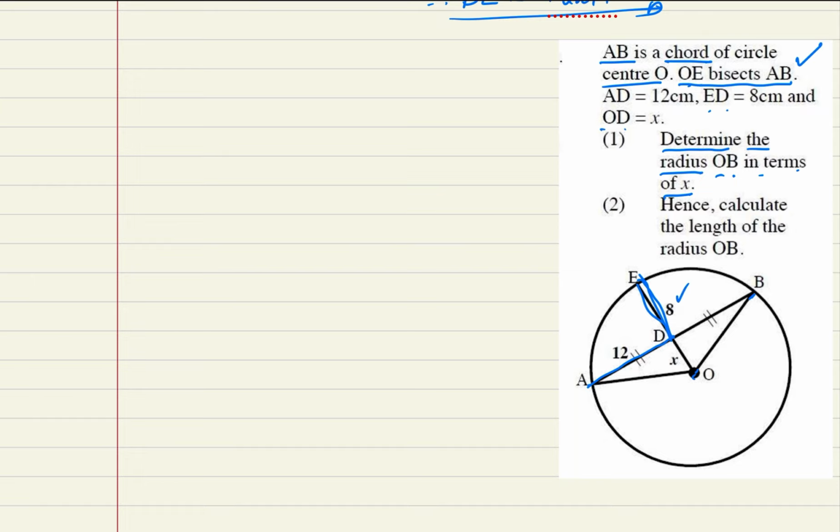And OD, from here to here, it is X. That means we can agree firstly that OB is equal to OE, which is equal to OA, which is equal to the sum of this and this, that is X plus 8. So we can say it is 8 plus X. Why are they equal? We said there's our radius.